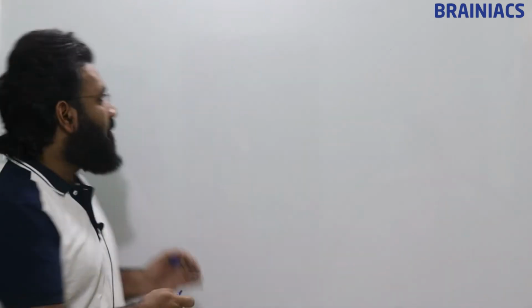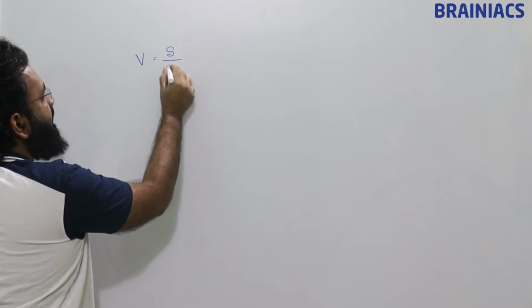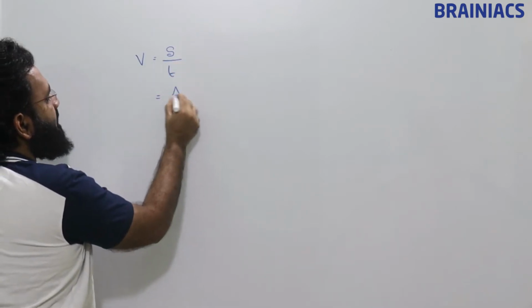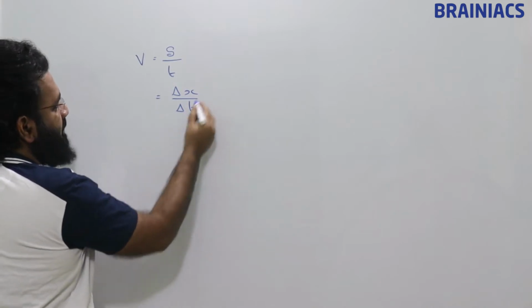Speed and distance, they are scalars. Velocity and displacement, they are vectors. They have a particular direction too. Then velocity v is equal to displacement by time, or change in position by the time duration.